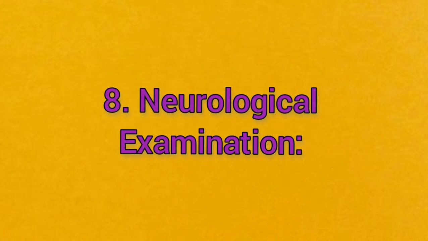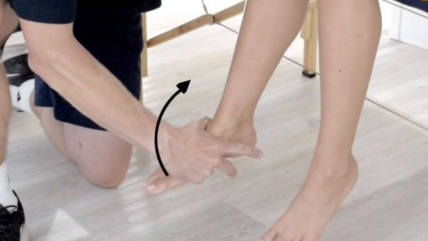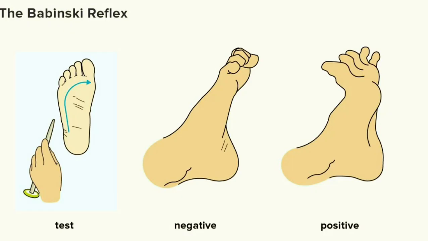Neurological examination. Assess mental status, orientation, and cognitive function. Evaluate cranial nerves, including visual acuity, pupillary response, and facial sensation. Test motor strength, coordination, reflexes, and sensation in all extremities. Assess gait and balance.